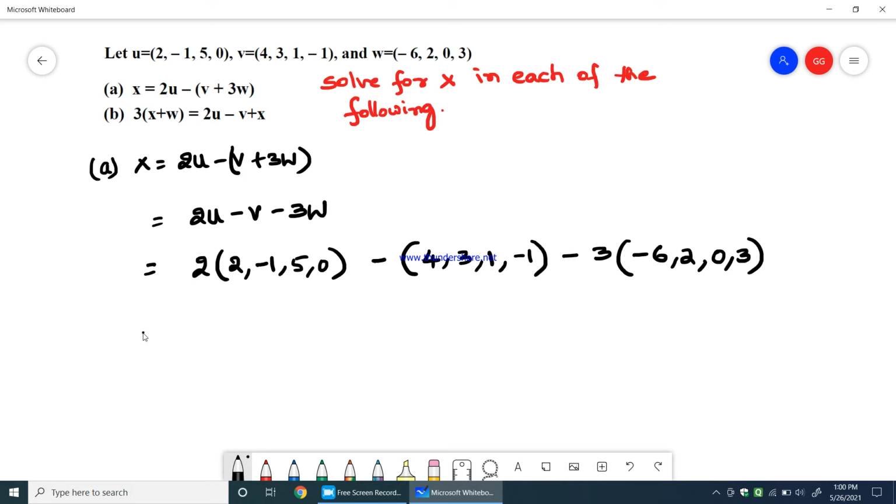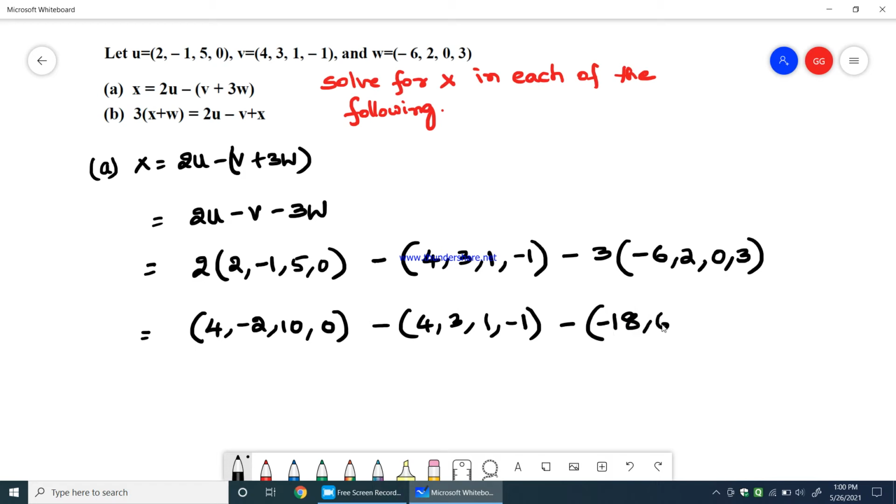So this would be equal to, multiplying 2 into u: (4, -2, 10, 0), minus (4, 3, 1, -1), minus 3 times w: (18, -6, 0, -9).